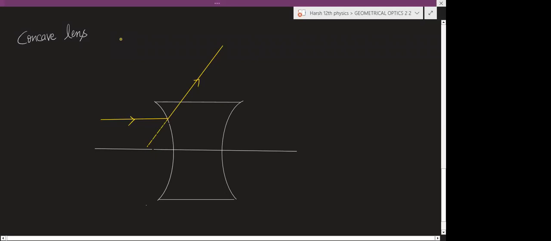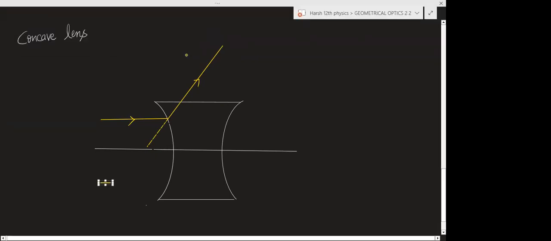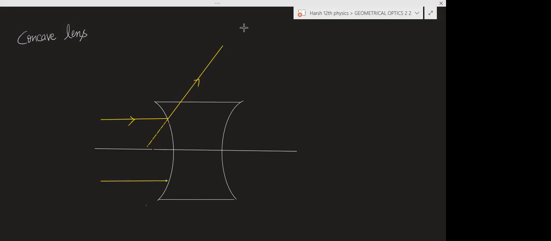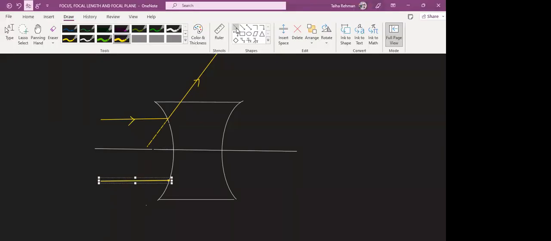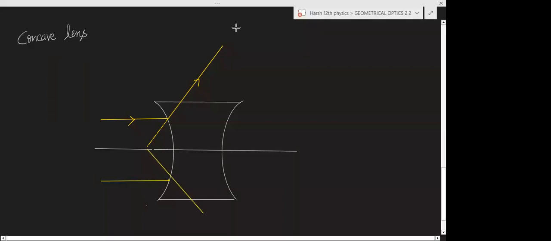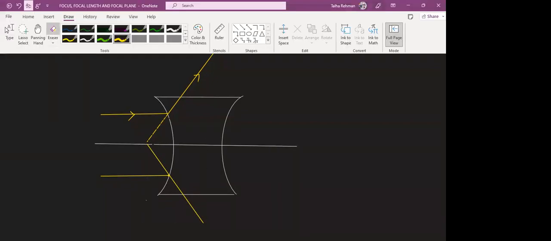Another light ray like this is also diverged like this, and we have produced this backward.